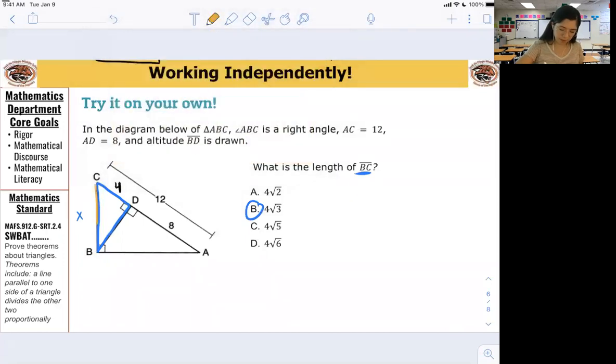So this large one. I'll pull it out and let's label it. I know it's X. I have 12. We don't really care about the third side because that's not what we're looking for. Then we've got the small triangle.